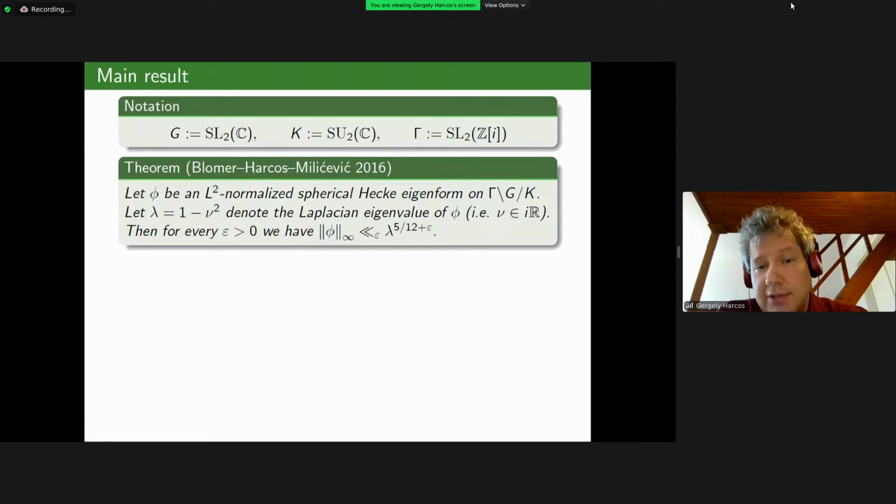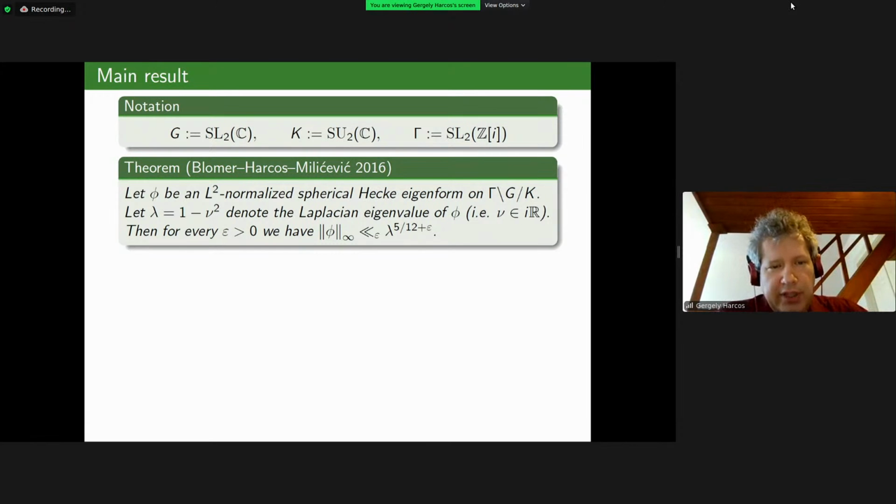And spherical stands for the fact that when thought of as functions on the group G, they are right K-invariant. And let lambda denote the Laplacian eigenvalue of phi. Well, here in this theorem, we don't need the notation nu, but already I'm indicating how it relates to the Laplace eigenvalue so that you get used to this notation. Nu is a purely imaginary number in this situation.